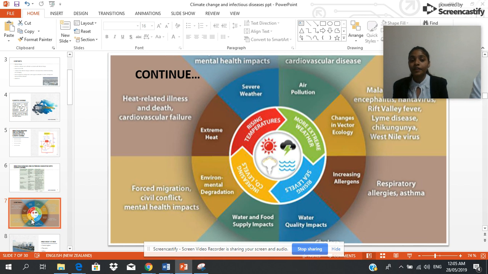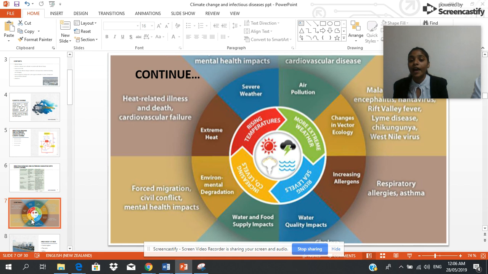Extreme heat can lead to heat-related illnesses, and can especially lead to death because of dehydration as well as cardiovascular failure. Severe weather changes directly impact mental health.